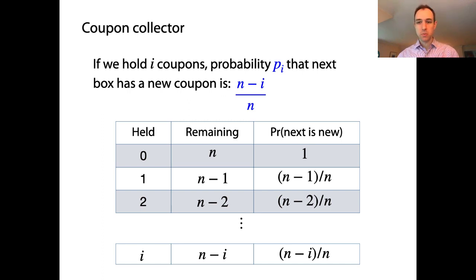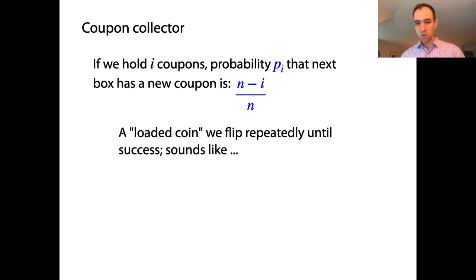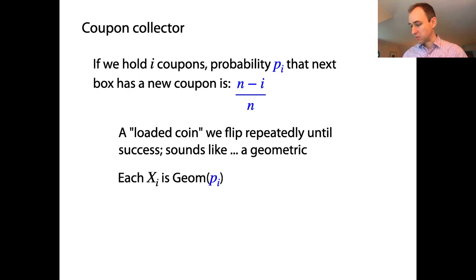That's not a Bernoulli random variable. This is like a loaded coin flip that we do repeatedly until success, which is what the geometric random variable is modeling. So each of these X sub i's is a geometric p sub i random variable, and here's p sub i right here.